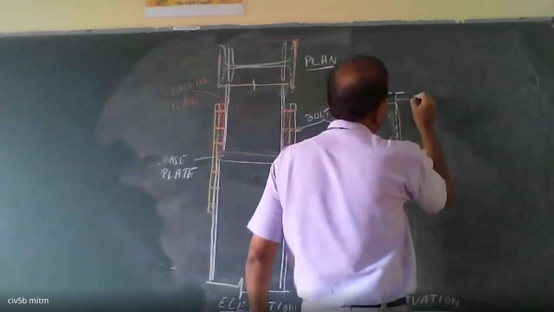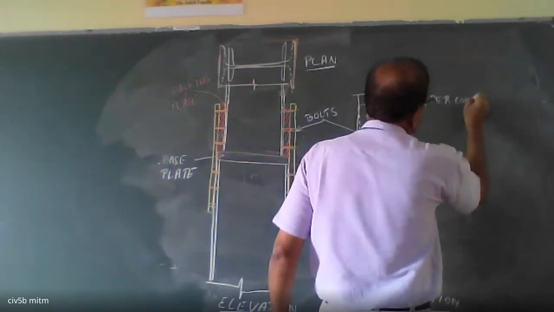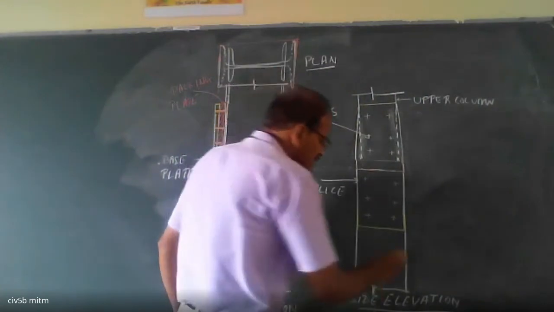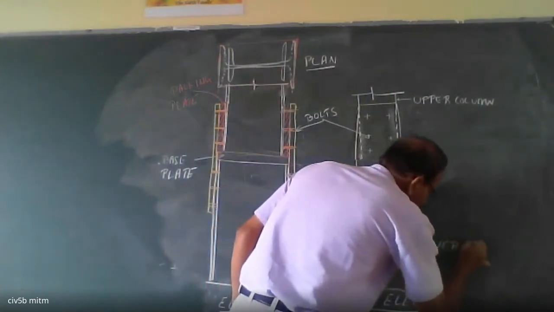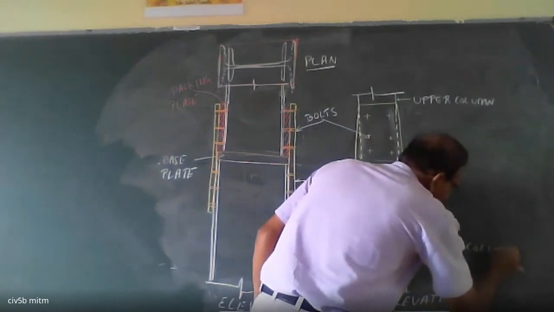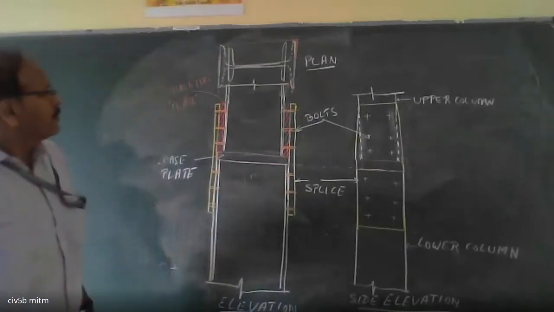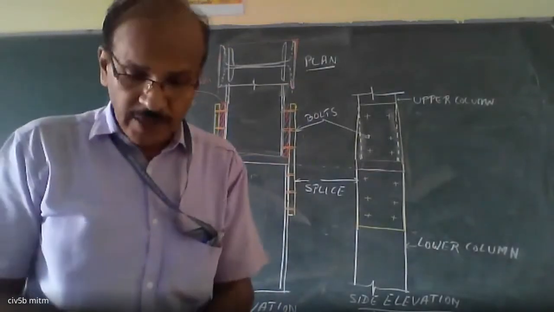This is the upper column, or upper portion of the column. This is the lower column. Is this clear to you guys? Any doubt?